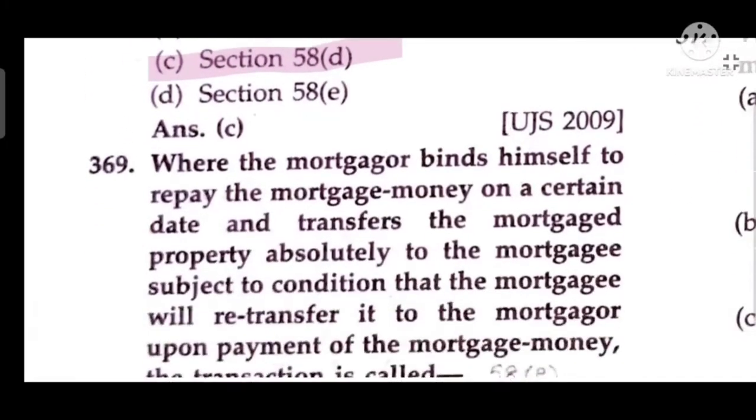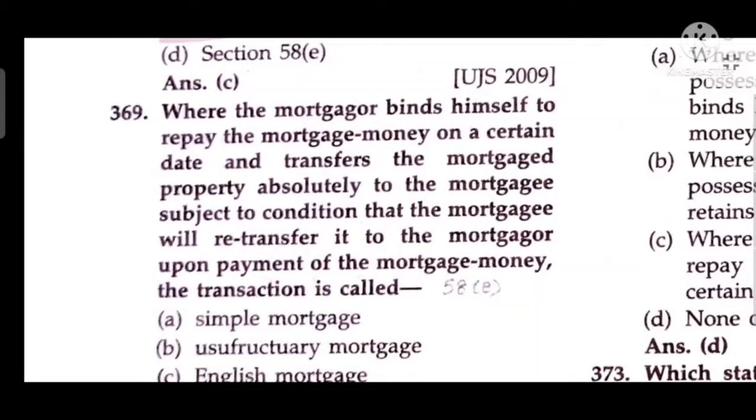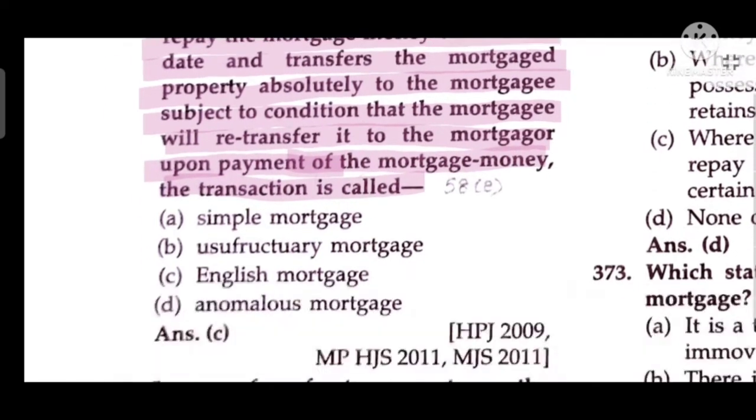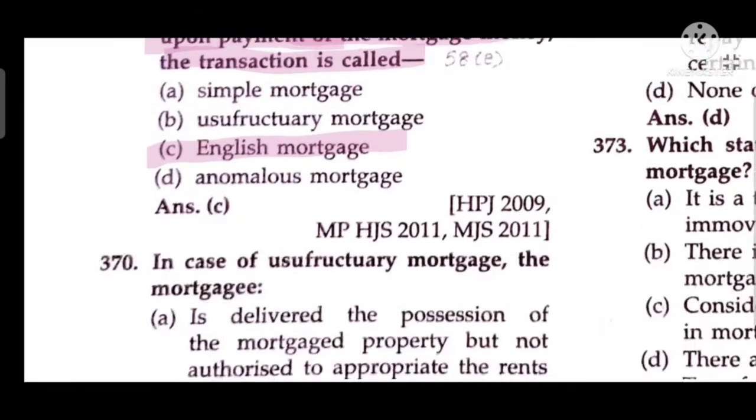Section 58D. Where the mortgagor binds himself to repay the mortgage money on a certain date, transfers the mortgaged property absolutely to the mortgagee, subject to the condition that the mortgagee will retransfer it to the mortgagor upon payment of mortgage money, the transaction is called English mortgage.